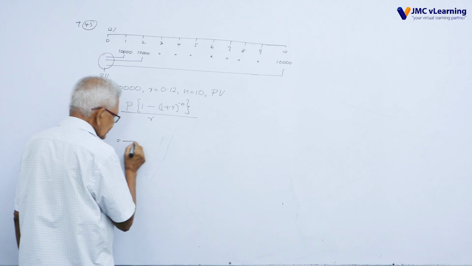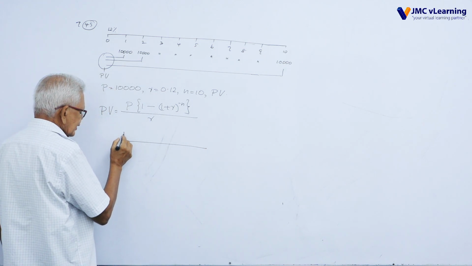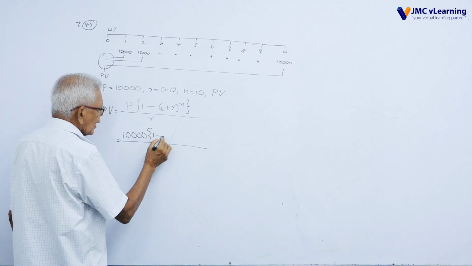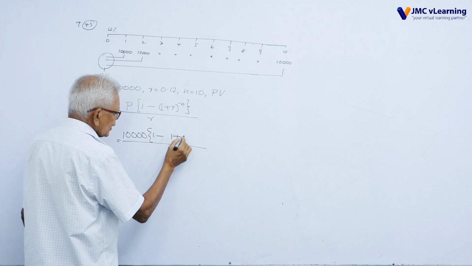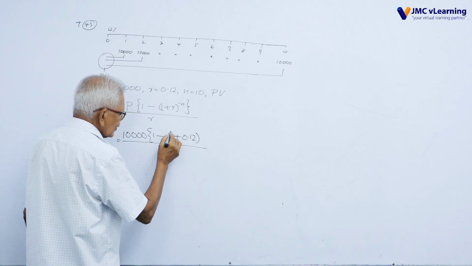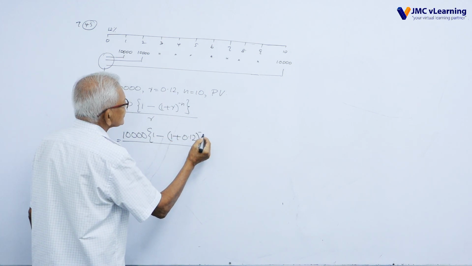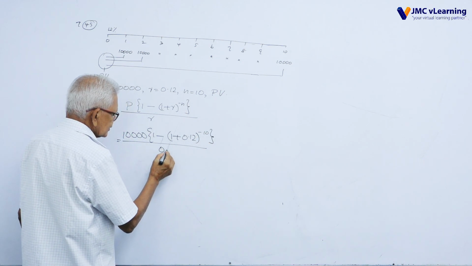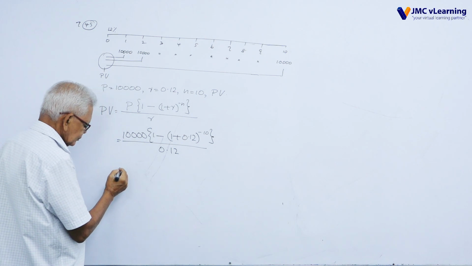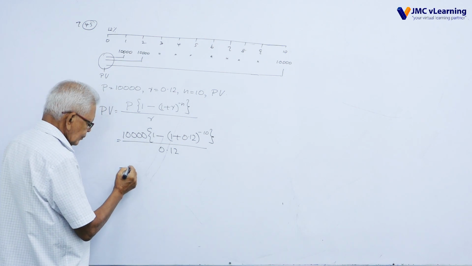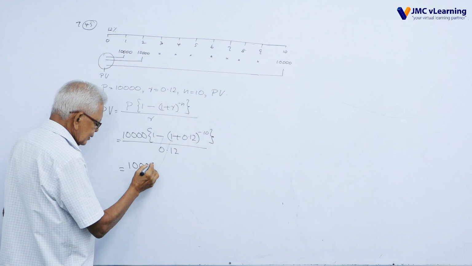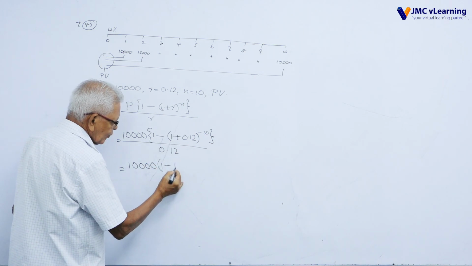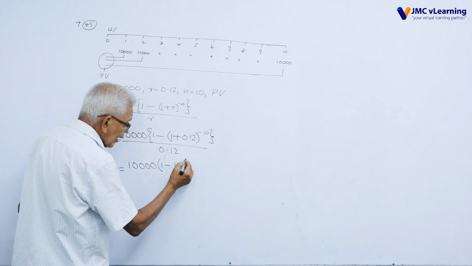Equal 10,000 bracket 1 minus 1 plus 0.12 to the power minus 10 over 0.12. 10,000 small bracket 1 minus, add these two, 1.12 to the power minus 10 now.